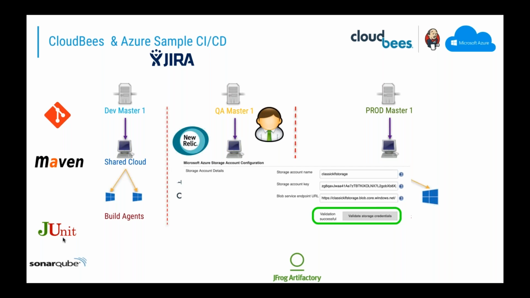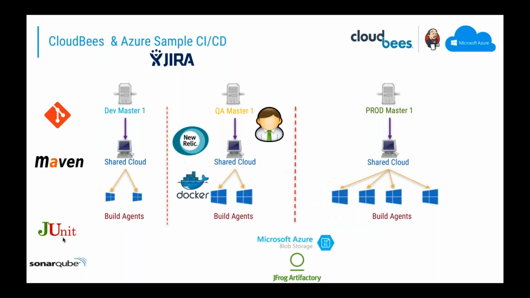So you can create a Microsoft Azure Storage account configuration, and you can give it a name, and you can pass it, as you can see here, the storage name, the storage account key and blobs endpoint URL, and that will be available for all your builds. So you can take your build binaries, you can take your properties files that you need to fill, your templates, and you can pass it along. And you can use Microsoft Azure Blob Storage to exchange data in conjunction or completely instead of Artifactory.